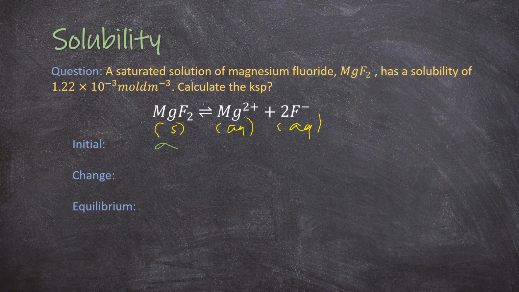So here this is A, and 0 and 0 initially, no change. And in the second row, 1.22 times 10 to the power minus 3. Why do I write it like this?